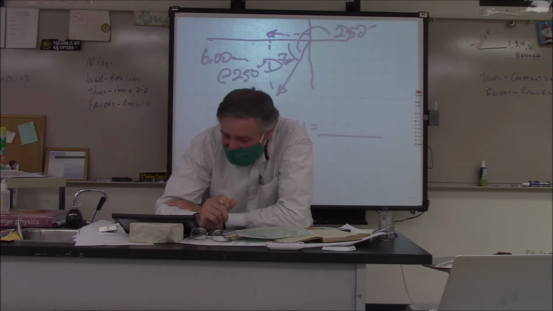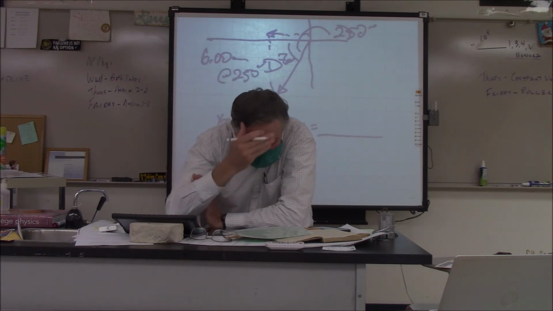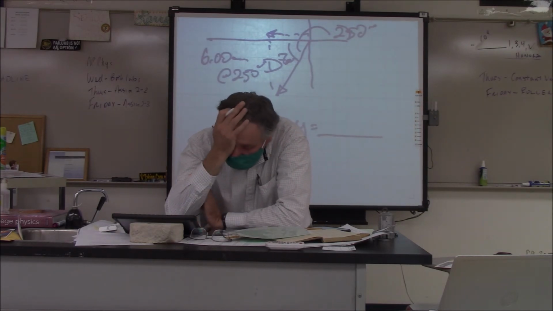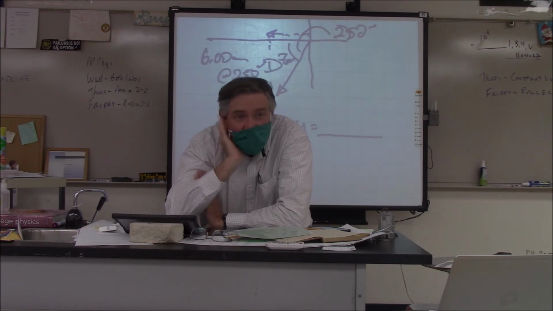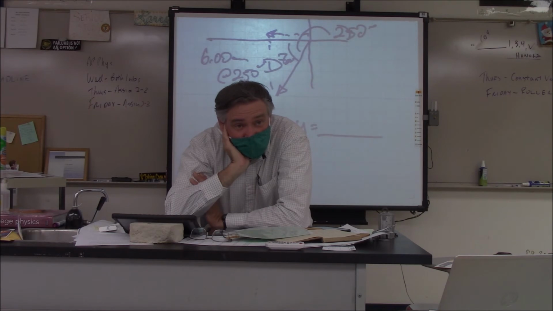Okay. So what'd you get for your x component then? Hopefully negative something. What does your calculator say your answer is? Negative 5.1. Nope, negative 5.2. It's probably wrong.